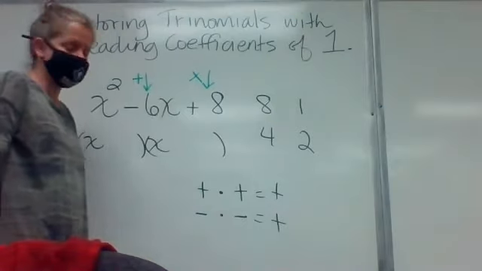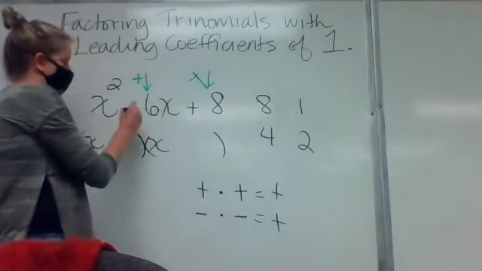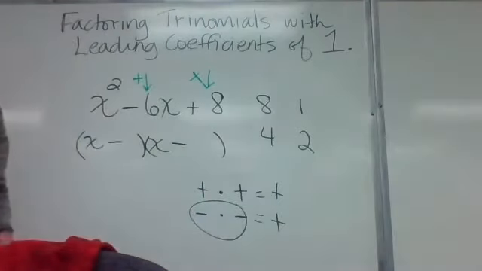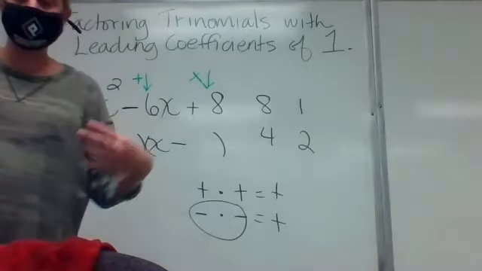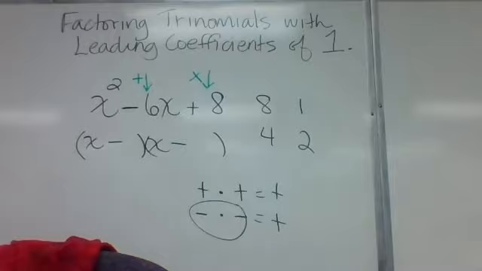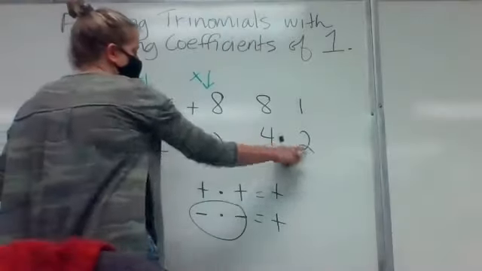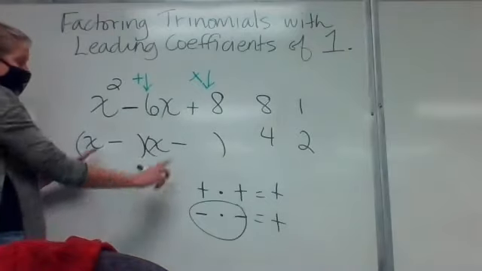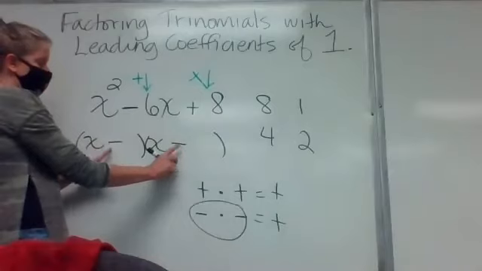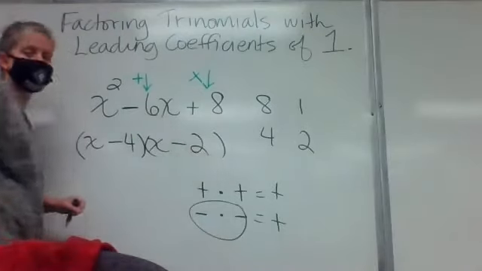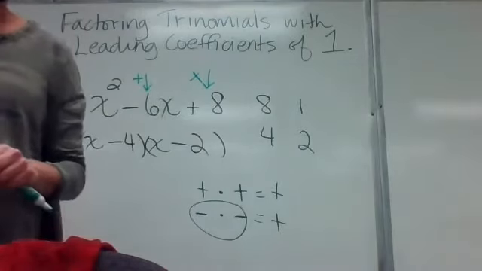If you are going to add the same two numbers together and equal a negative 6, you're going to have to use two negative numbers, right? That's how you multiply to equal a positive and at the same time add to equal a negative. I'm still going to use my 4 and 2 pair because I'm still trying to get that 6. I just need it to be negative 6. And once again, if your signs match and are the same in your answer, it doesn't matter which spot you put the 4 and 2 in.